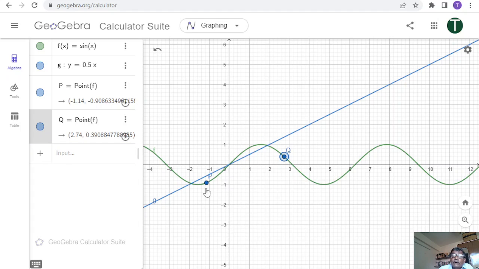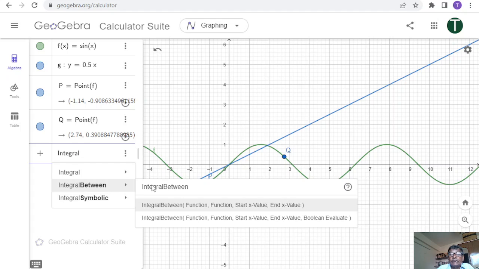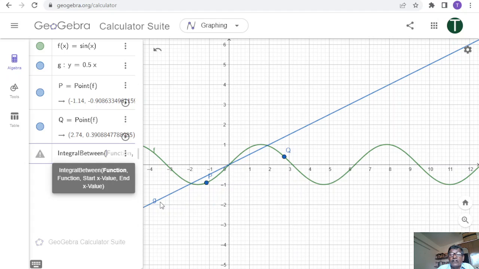I want to find out, if I now write down this instruction, that is integral between two functions. So two functions are, one is f, and the other function is g.